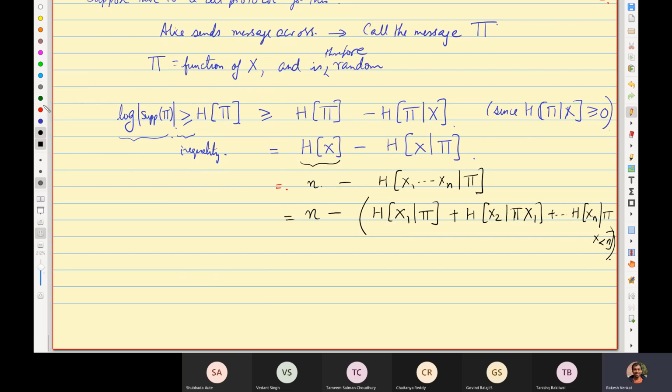So each of these terms here is less than or equal to the same term with less conditioning. I'm basically reducing the conditioning and therefore increasing the entropy of each of these terms. So now I'll write that this is greater than or equal to, because it occurs with a negative sign over here.